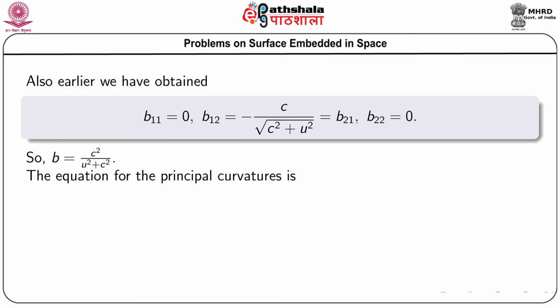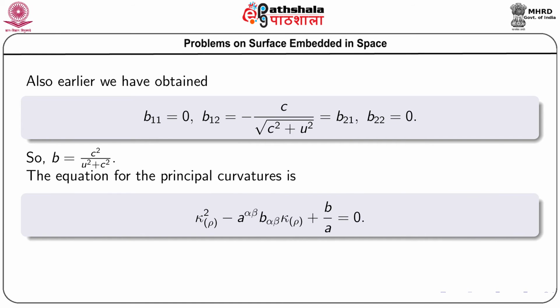Now, the equation for the principal curvatures is, we know this one, kappa square minus a alpha beta b alpha beta kappa p plus b by a equals 0. This is the equation for the principal curvatures we have seen earlier in our previous modules.